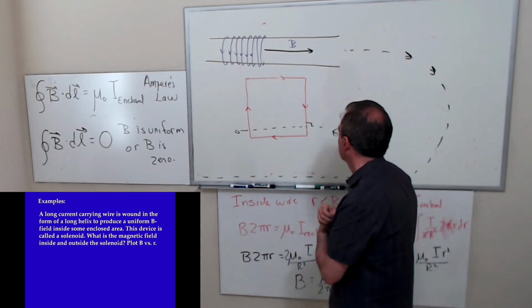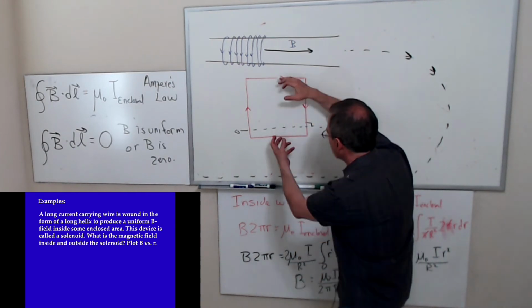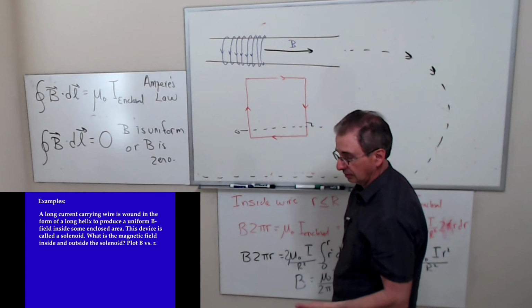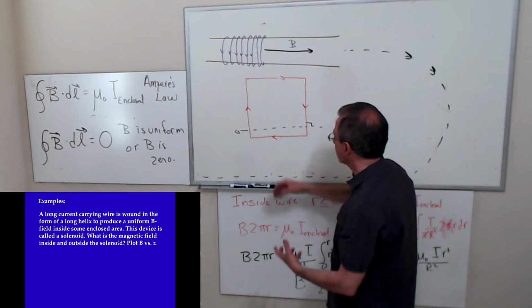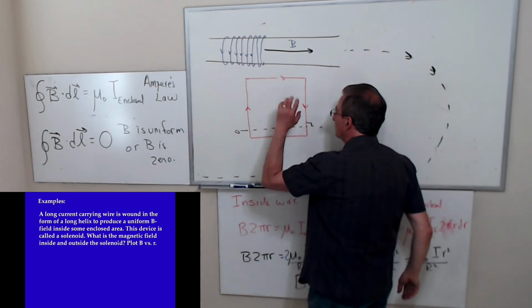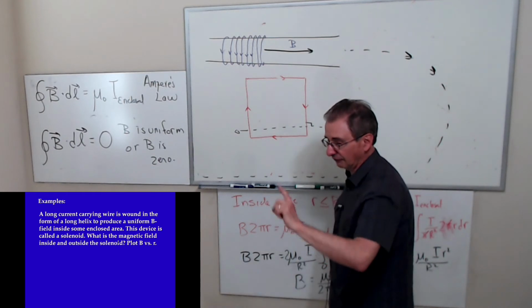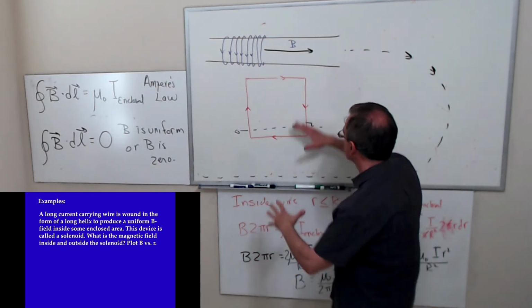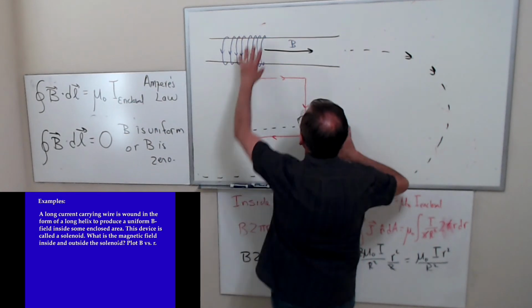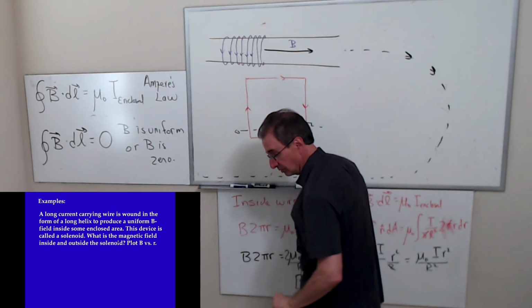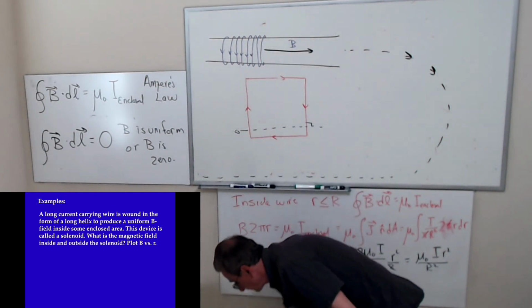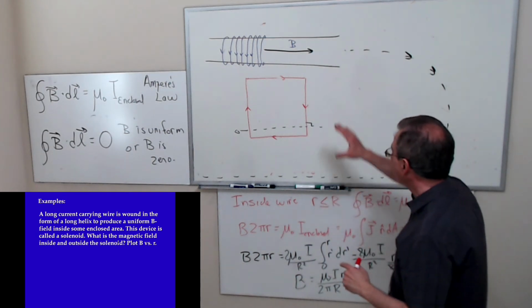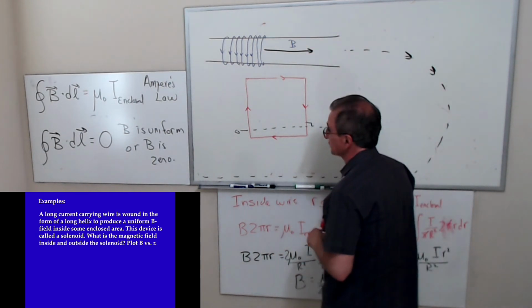But if I go all the way to infinity, what's the field going to be at infinity? 0. So what does that say about the magnetic field? It has to be 0. So the magnetic field out here is 0. The magnetic field above is 0. Okay? So that's going to establish the fact that the magnetic field is 0 outside.